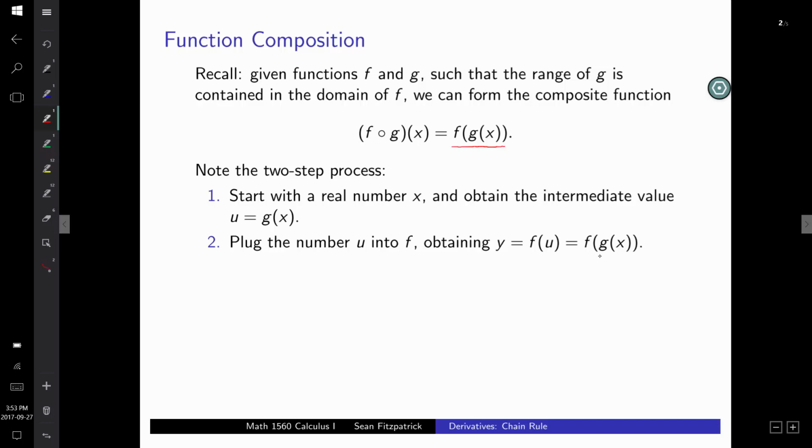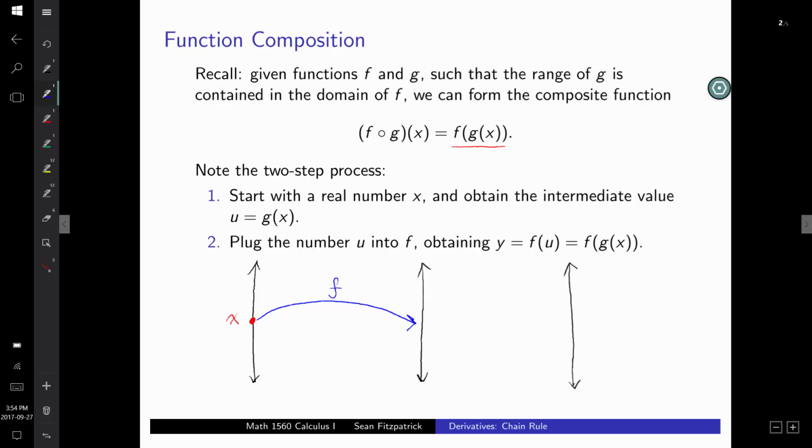You start with a number x, so let's think of it as three copies of the number line. There's one here, there's one here, there's one here, and you start with some point on one number line. That's your x, and you apply the first function to it.